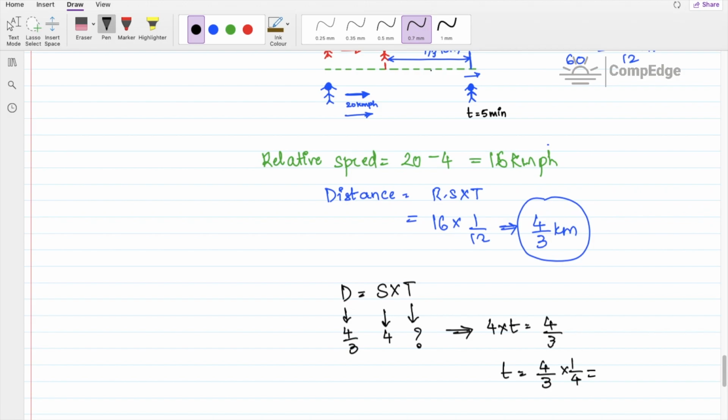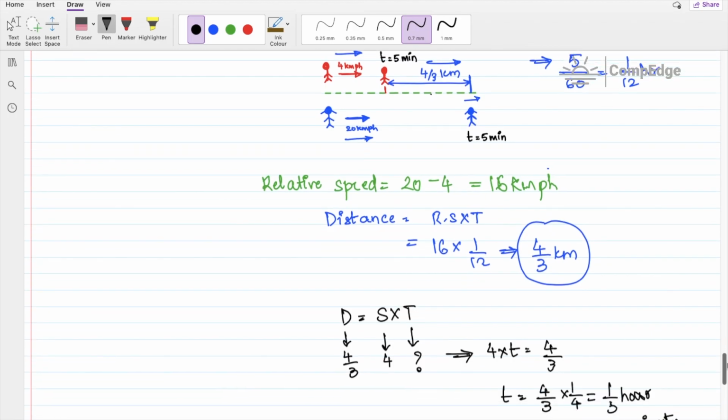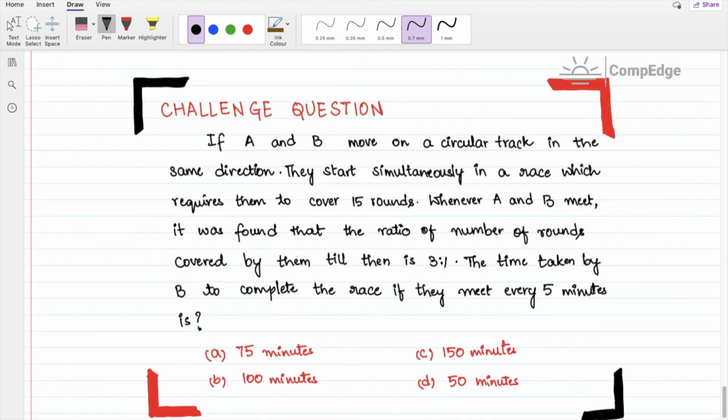So you'll get this as 1 by 3rd of an hour. So if you convert this into minutes, since the question is asked in minutes, we'll get this as 20 minutes. So the woman has to wait for 20 minutes in order for the man to catch up. So this becomes the answer for this question. So this is how the relative speed concept is used in solving problems like this.